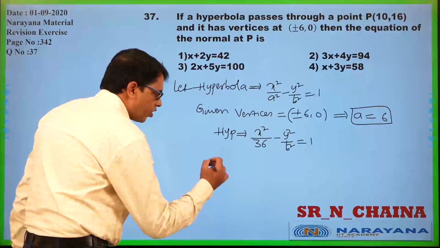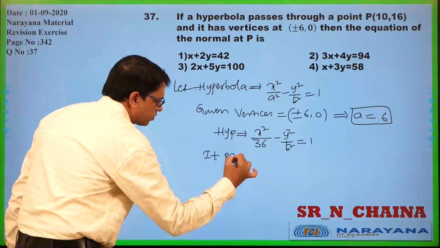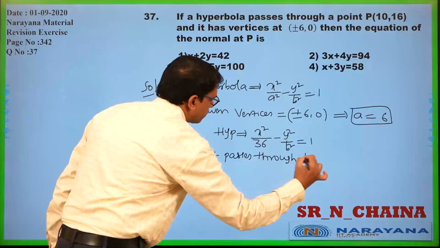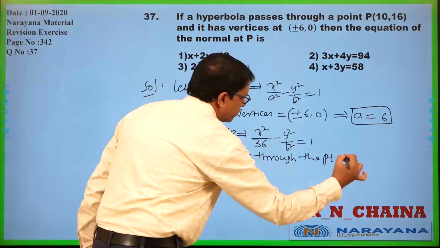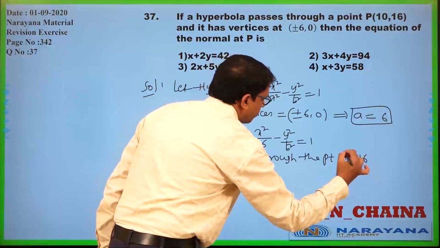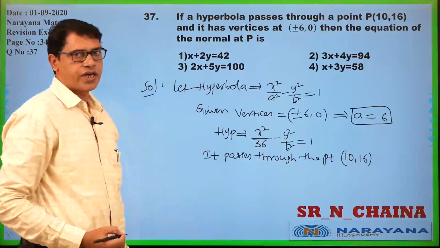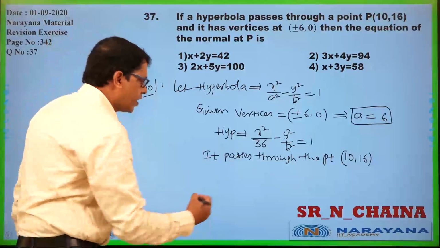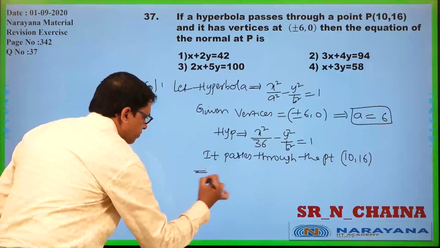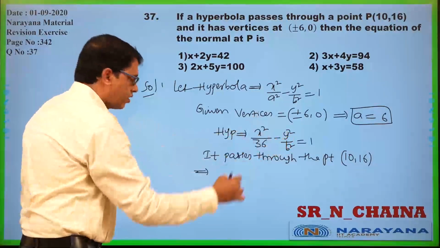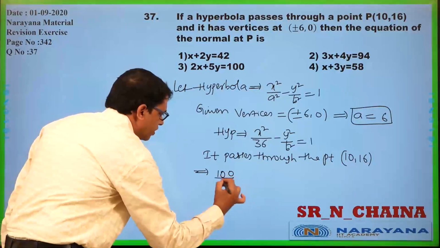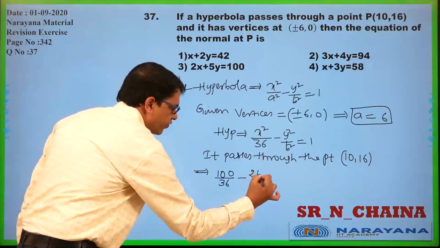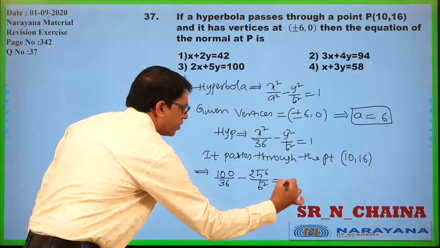So this point has to satisfy the above equation. Applying in the above equation, in the place of x write 10 and in the place of y write 16: 100 by 36 minus 256 upon b square equals 1.